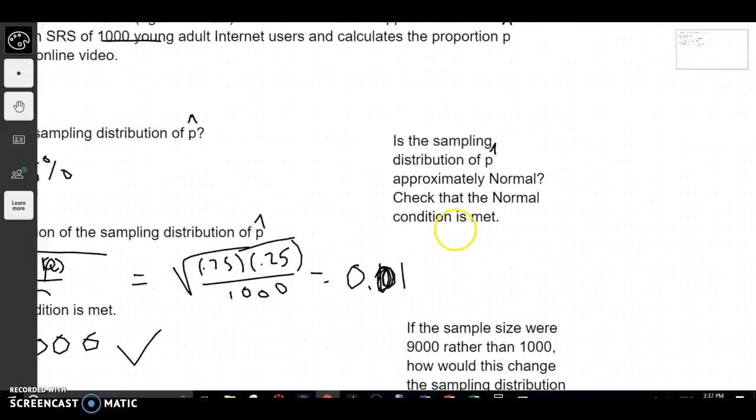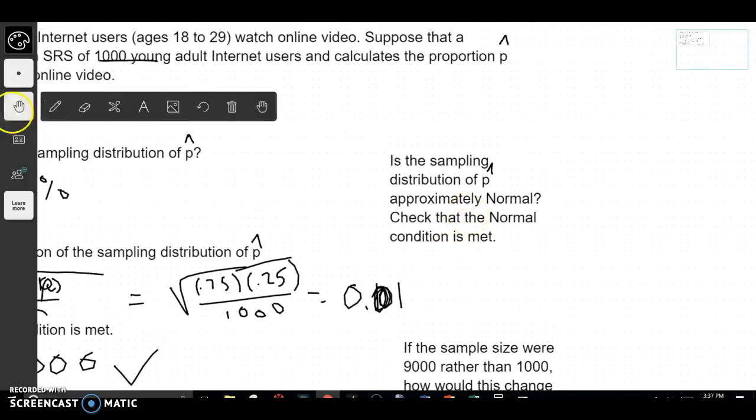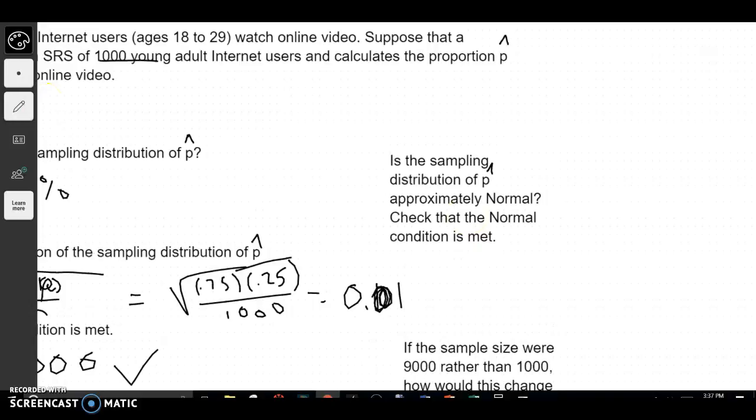So then the next question is, is this approximately normal? Well, to check if it's approximately normal, we have to do n times p and see if that is greater than 10, and then do n times not p and see if that's greater than or equal to 10.